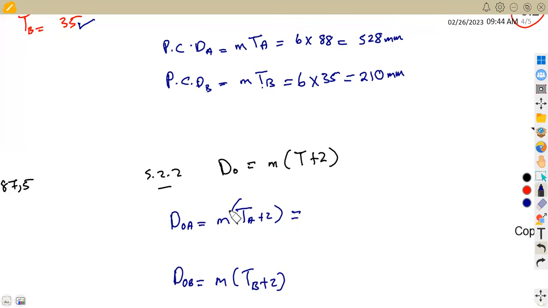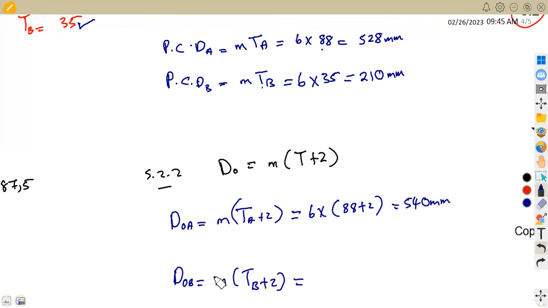So this is just substitution. Remember, your module is 6. So it's 6 times the number of teeth for A, which we said is 88. So that's 88 plus 2. 88 plus 2 is 90, times 6, which is going to be 540 millimeters.